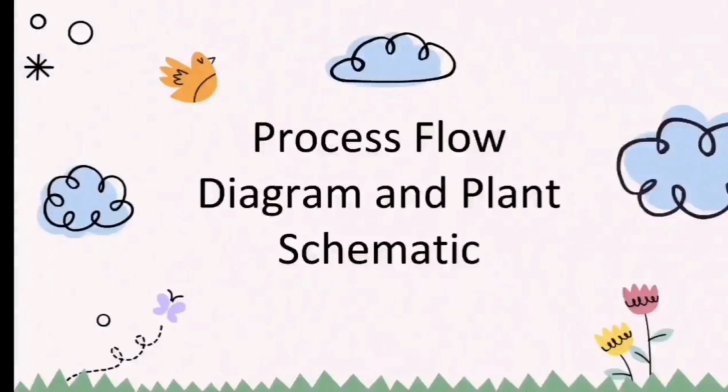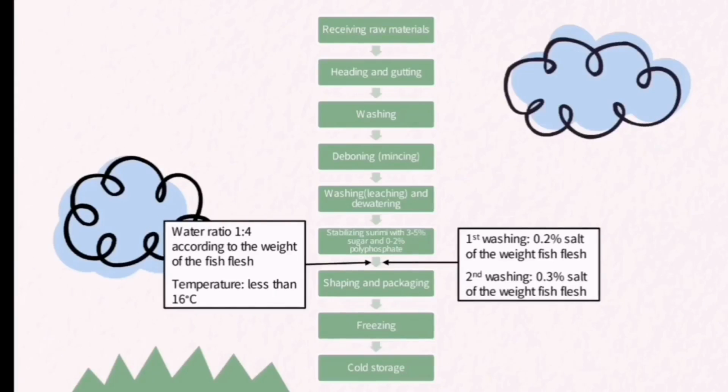Thank you. For the process flow diagram and plant schematic, this is the process starting with receiving raw materials, heading and cutting, until the storage of the product.